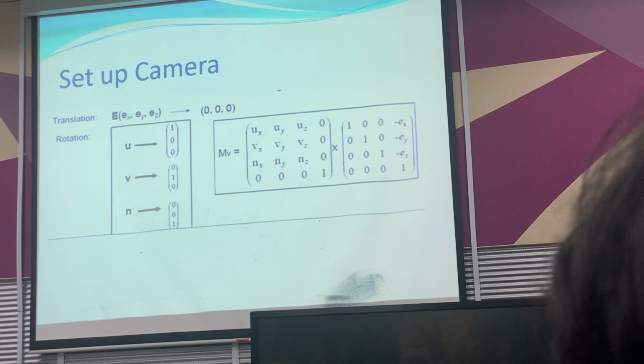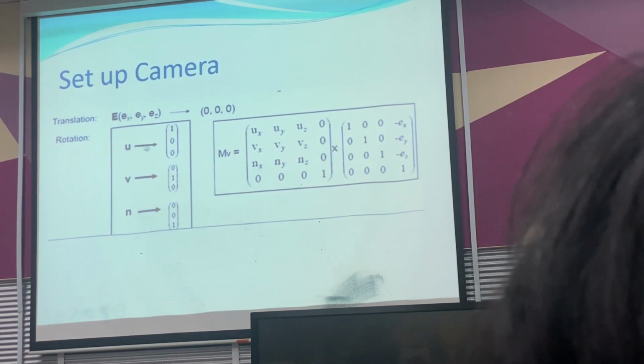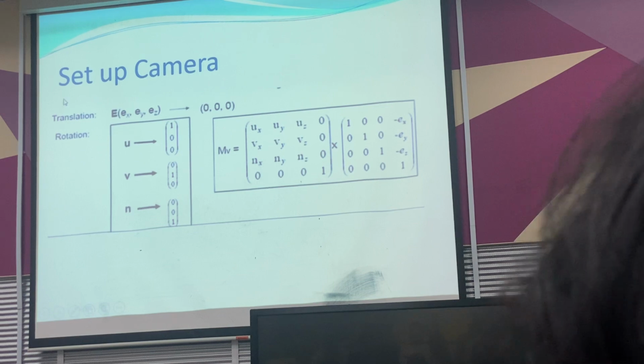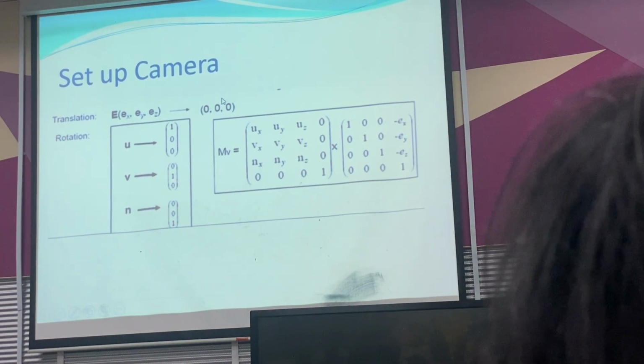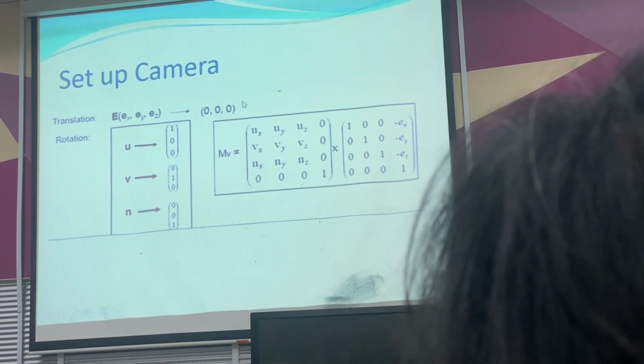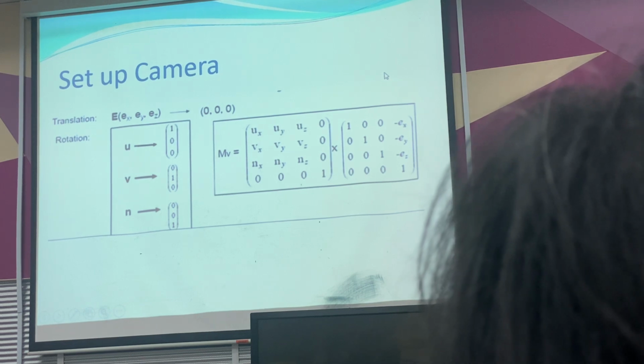To set up the camera, we have the three axes that your miss told you just now to represent your eye coordinates X, Y, Z. This is your U, V, and N. Without any transformations, the origin is mapped at the original 0, 0, same as in your world frame. So you do translate. This is the translate matrix. Your TX, TY, and TZ are in the last column here.